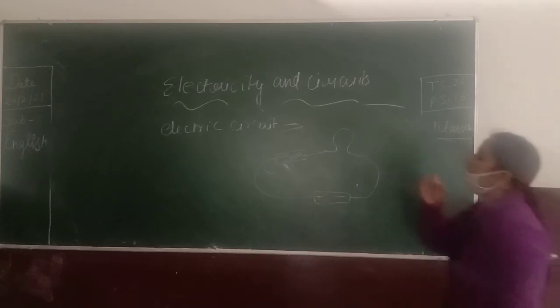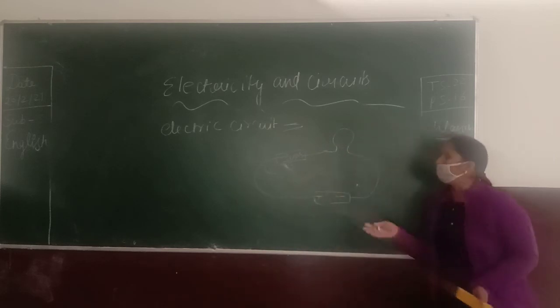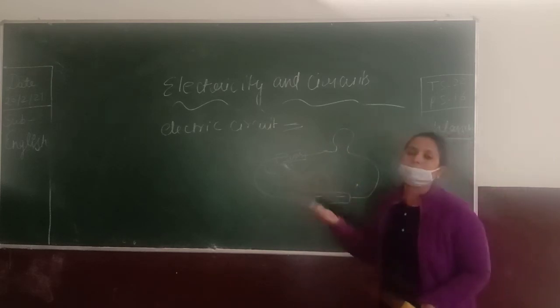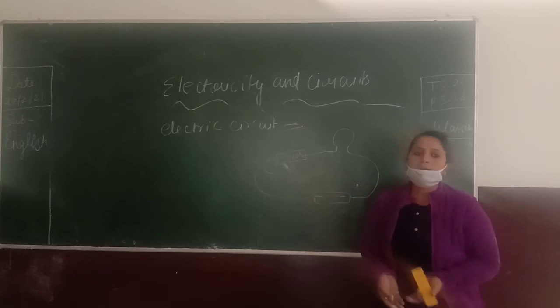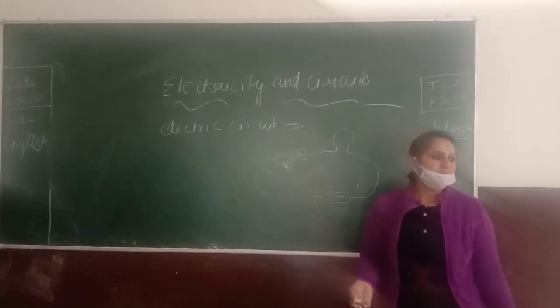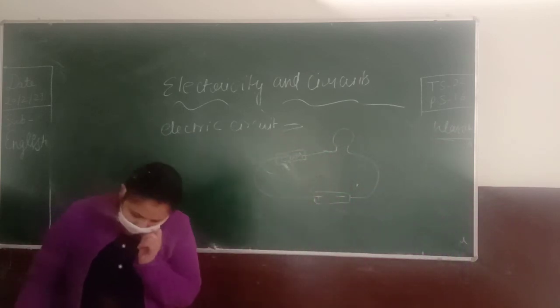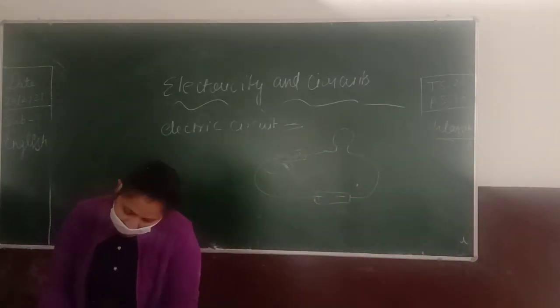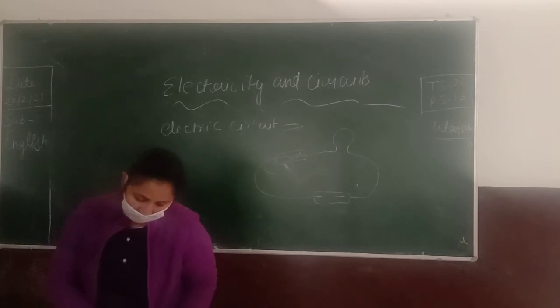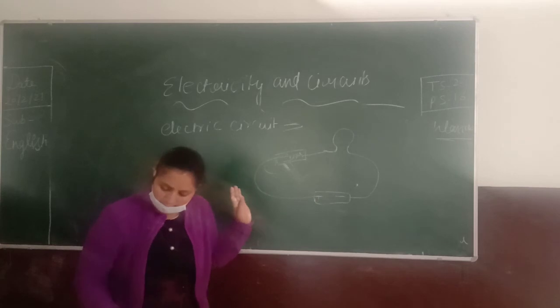Okay, because eraser is an insulator, it does not allow electricity to pass through it. Clear for everyone? Okay, very good. So electric circuit is clear to everyone? Electric switch is clear to everyone? Switch का काम क्या होता है पता ही है सबको? Yes, ma'am. Okay.